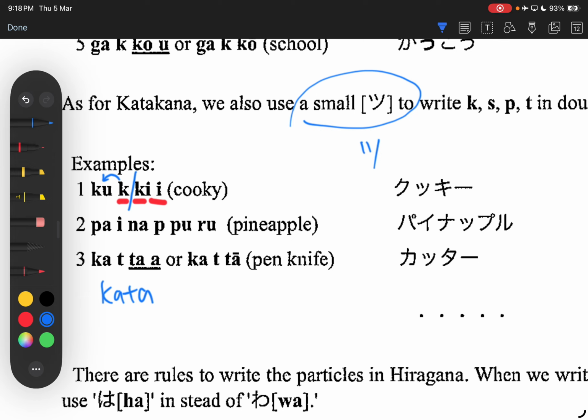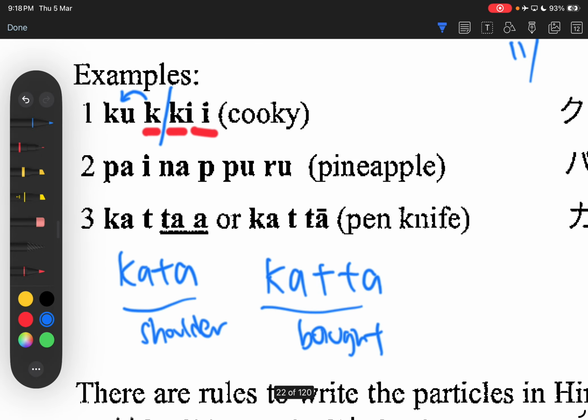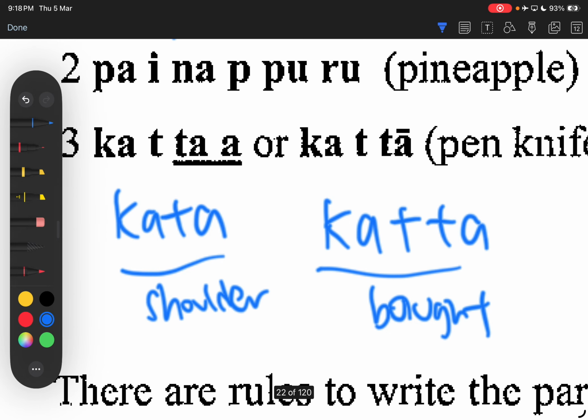And then we also have this katta. Katta. This means bought. Kata means shoulder. So you can see how a pen knife can become a shoulder or bought. Bought is the past tense of buy. So kata, katta. I will repeat all the differences.